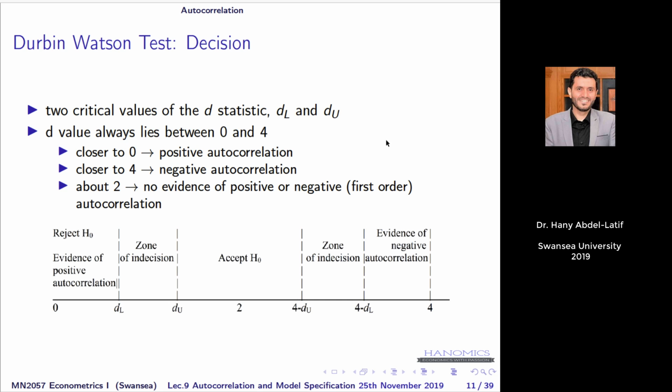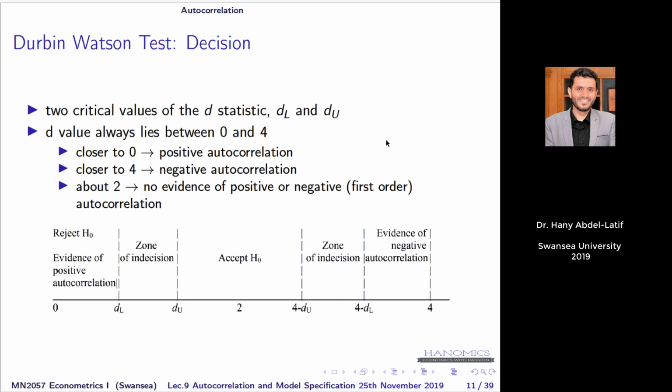It has two values, an upper and a lower value, and this graph here shows you the decision. If your D, or test statistic, is very close to 0, that means you have positive autocorrelation. If it is very close to 4, that means you have negative autocorrelation. If it is around 2, that means there is no autocorrelation. And DL and DU are the D lower and D upper, so these are the critical values.